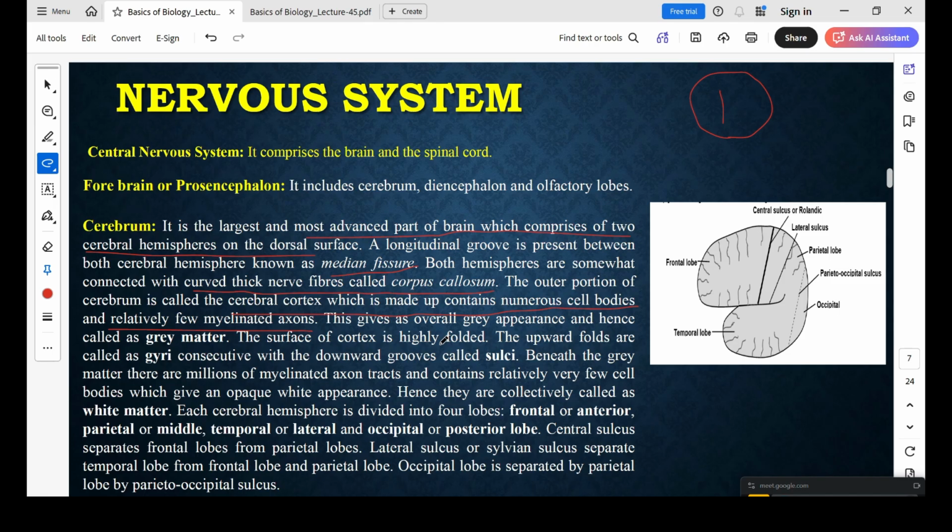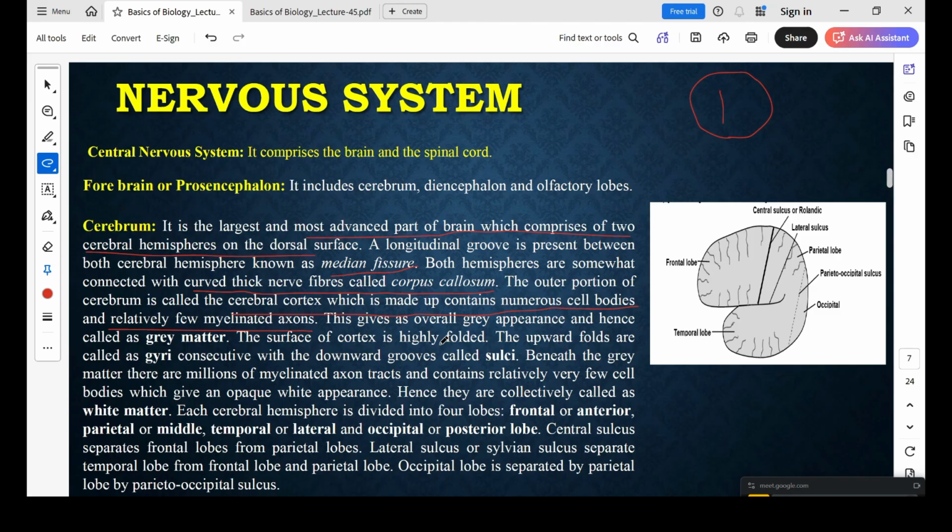Whatever information is generated here is then transferred to the spinal cord, which then conveys the information. Myelinated versus non-myelinated neurons come into play when there is message transfer required.